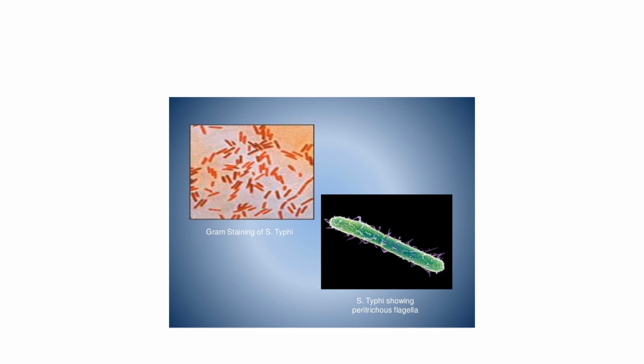When you gram stain, the Salmonella typhi look red, and they are rods. On immunofluorescence, you can see what their flagella look like. You cannot appreciate these flagella simply on gram staining; you need a specialized microscope to look for them.